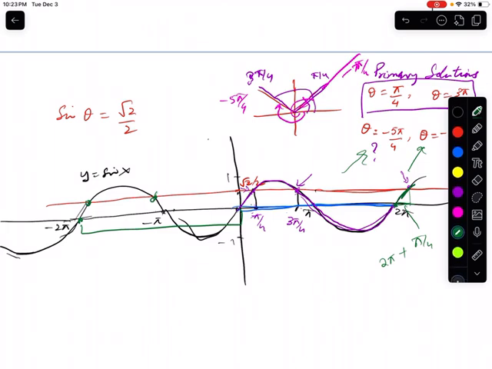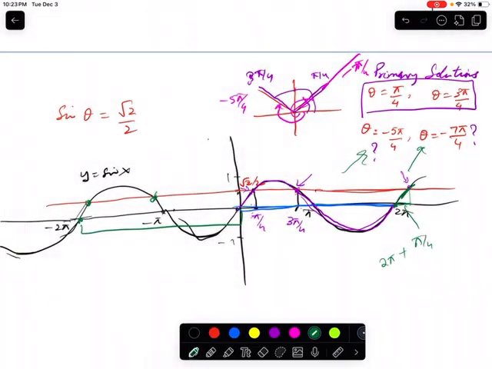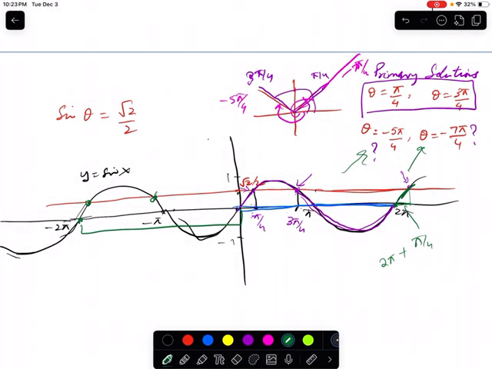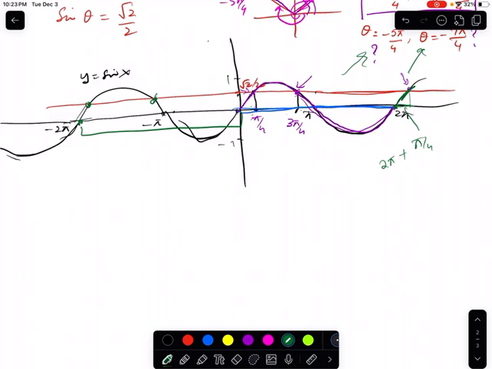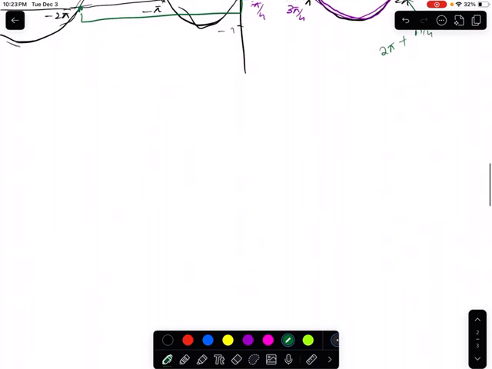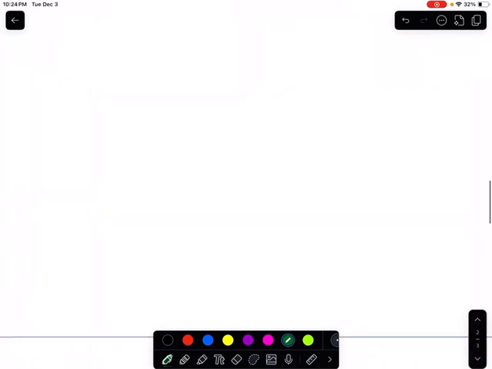Okay, now we try to see what other values we can have. Primary solutions should be easy to figure out if you have memorized the table or the unit circle values that I have been mentioning over and over. But let us see what our values are. So pi over 4 was one of the primary solutions. Related to this one, what other solutions do we get?